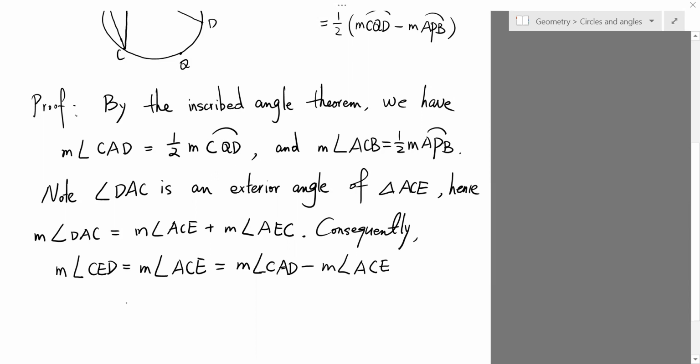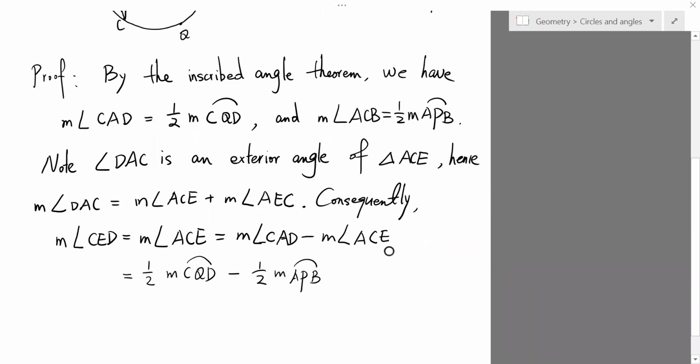Hence, we could conclude that the last expression is equivalent to this expression here, which is exactly what we want to prove for our theorem.